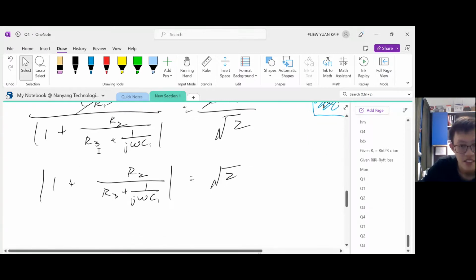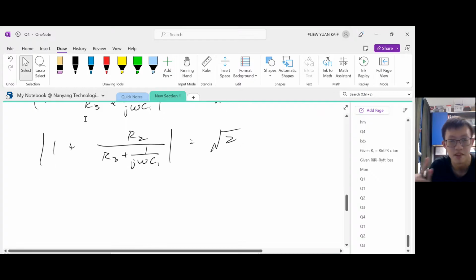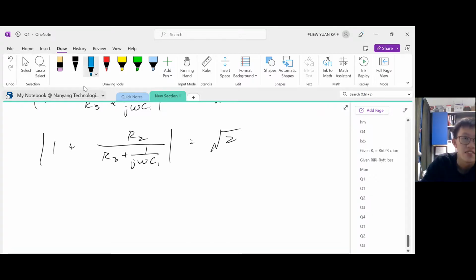Wow, this is not easy. Let me think about it. Is it because you cannot split this modulus like this? You can't.